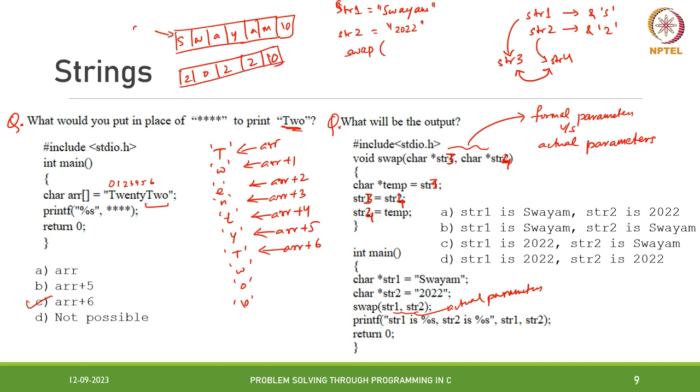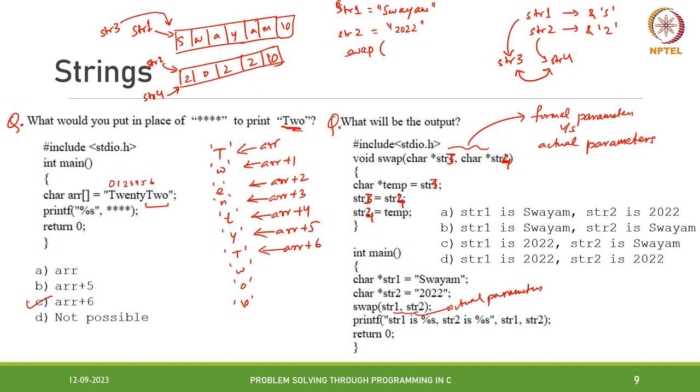Now str1 pointed to this, str2 pointed to this. I am copying the value, so str3 is also going to point to this, and str4 is going to point to this. That is what I did when I passed it to the swap function.